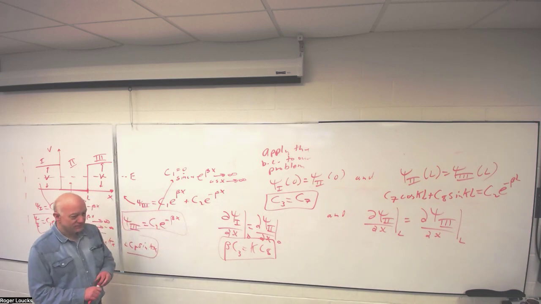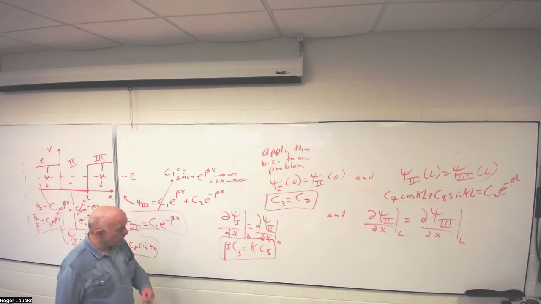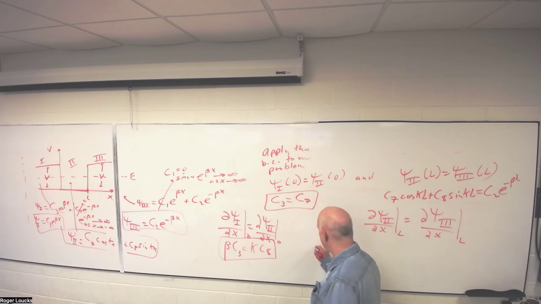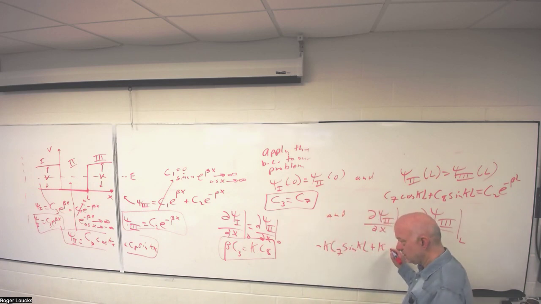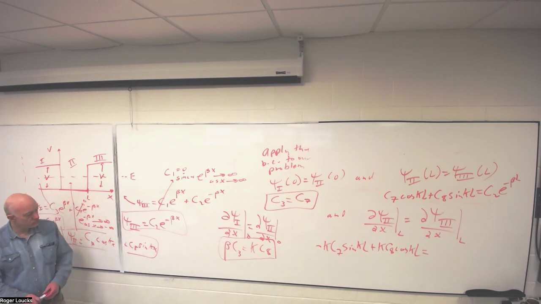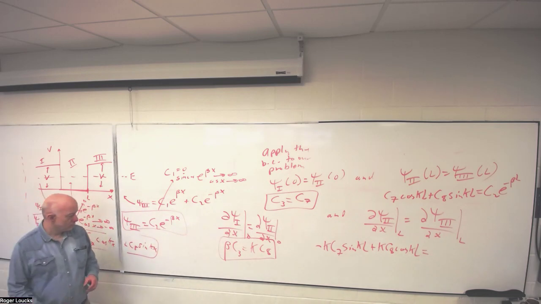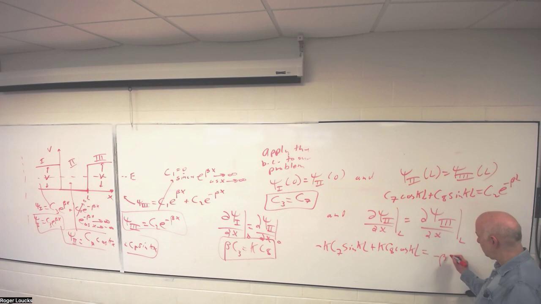It's the same thing, just put x equals L. This is minus K C7 sine KL plus K C8 cosine KL equals what? Minus beta C2 e to the minus beta L. Exactly. Boom.